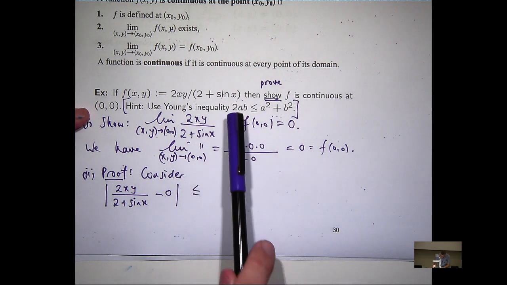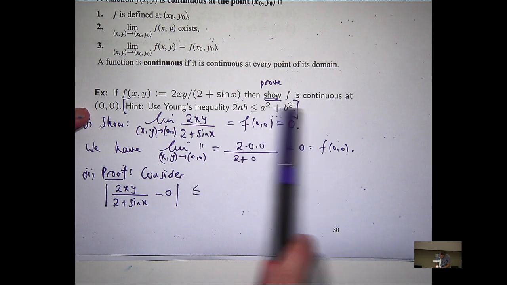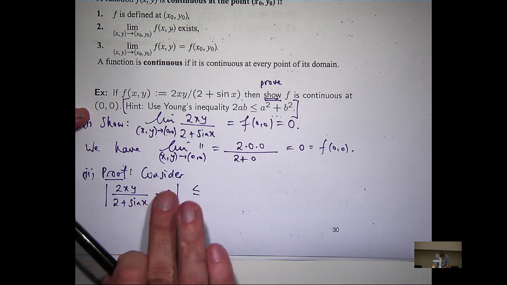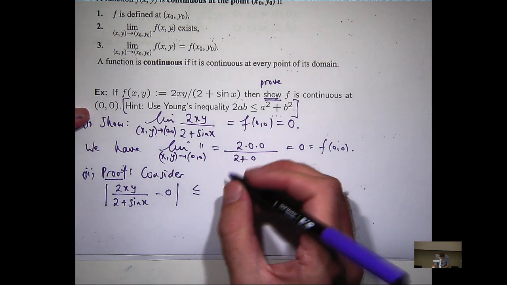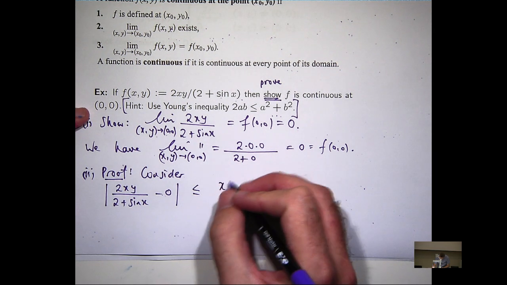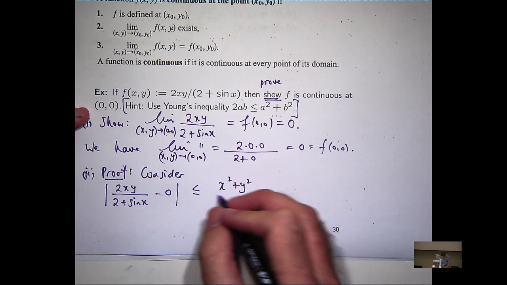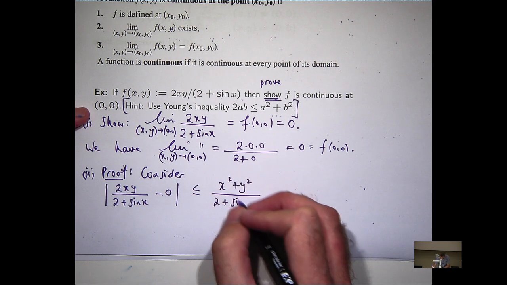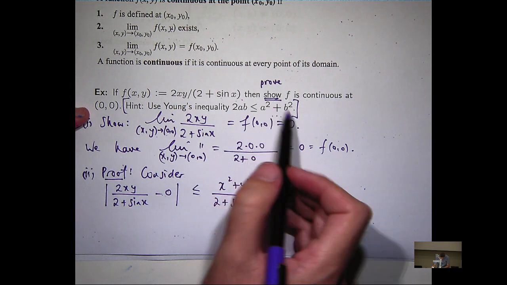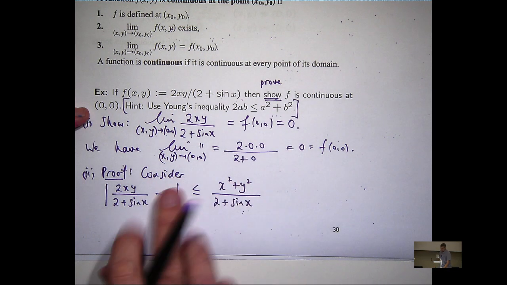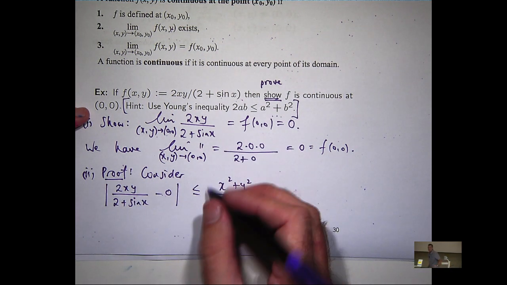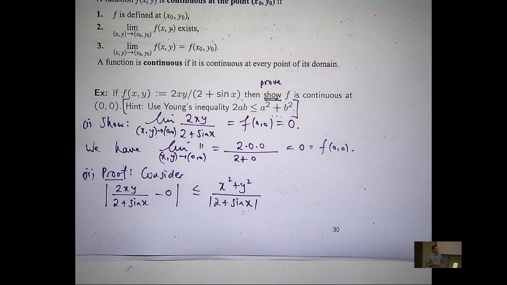I can use this inequality up here now on the top. So that's disappeared. I'm going to get x squared plus y squared on 2 plus sine x. Okay, so from here to here, that disappeared, and I've used Young's inequality.